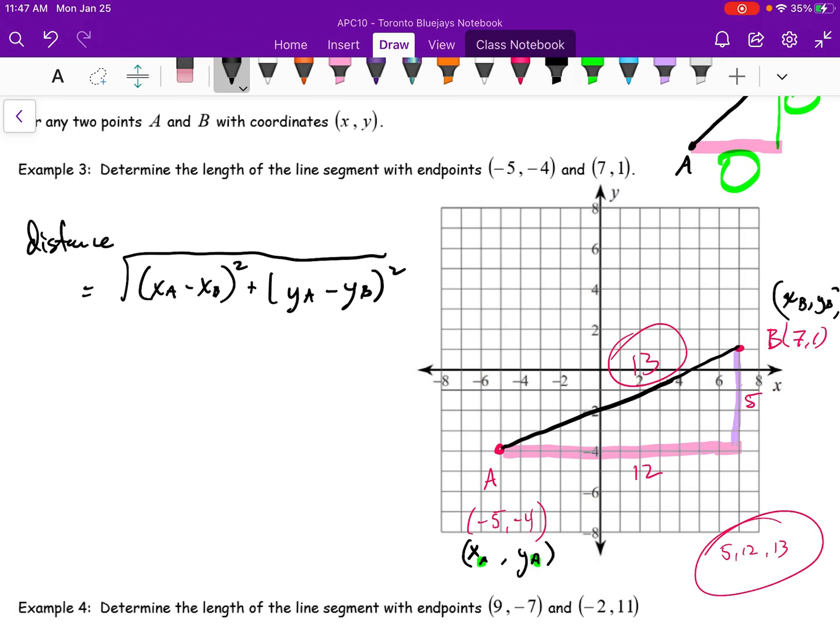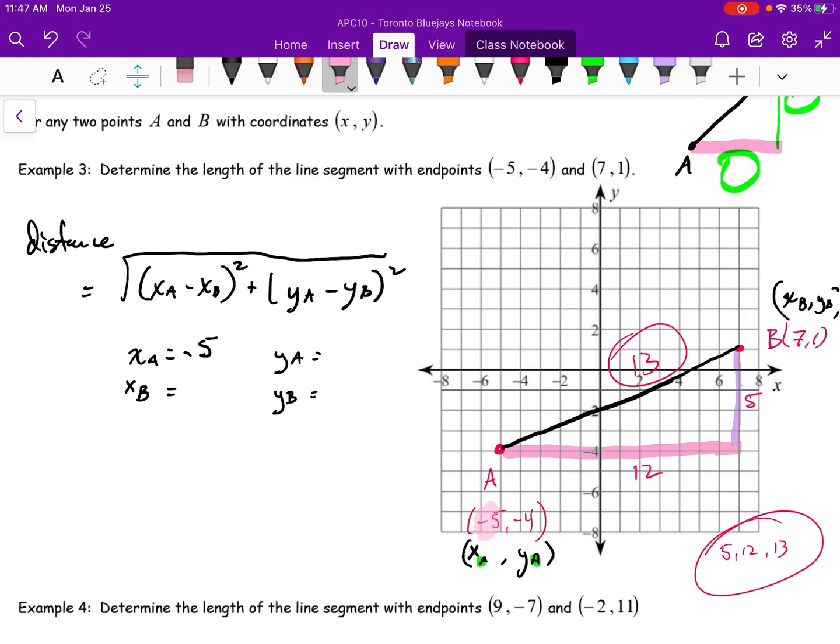If you want, you can simply write xa, xb, ya, yb to help you out as we get started. What I notice is that my xa is -5.